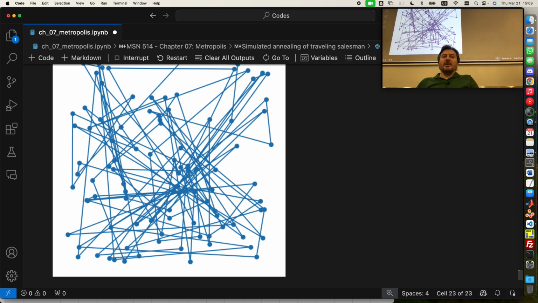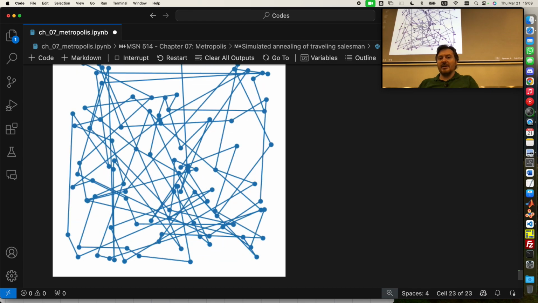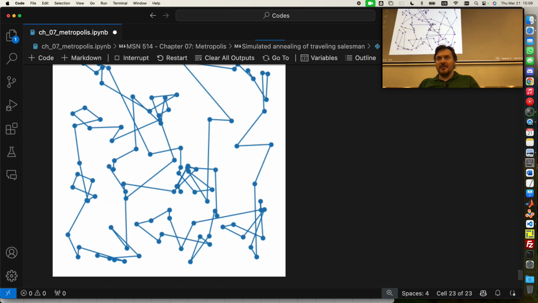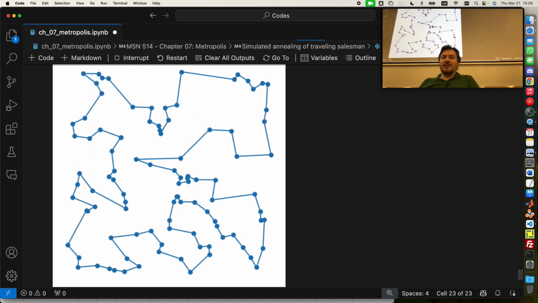So I start with a random initial point. Temperature is high. I'm trying many different things. In the meantime, I'm decreasing the temperature. And voila, I have solved. This is a heuristic solution, a nice, decent solution that doesn't have any crossings. And I'm happy, right?